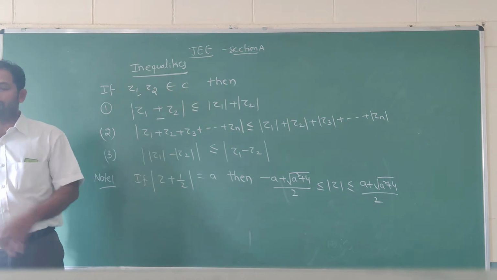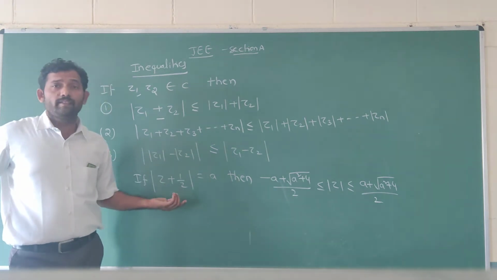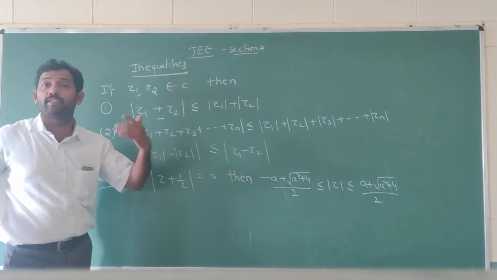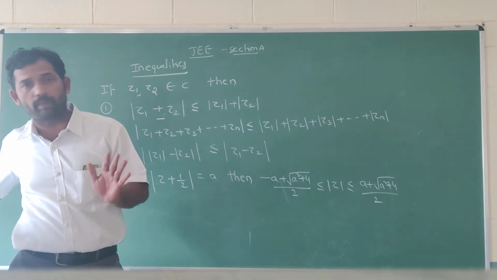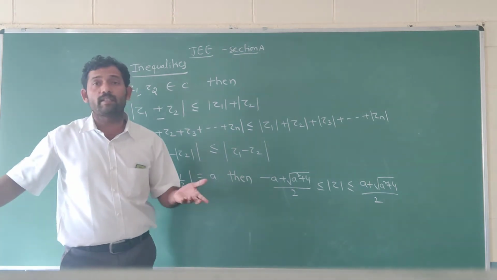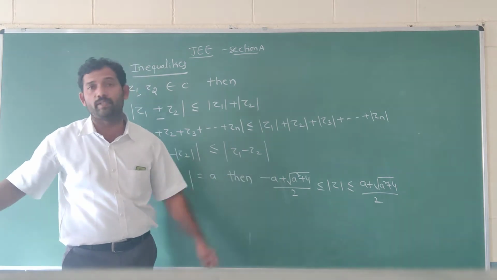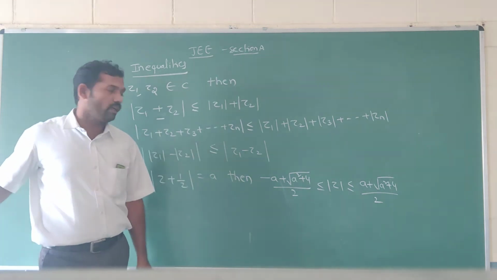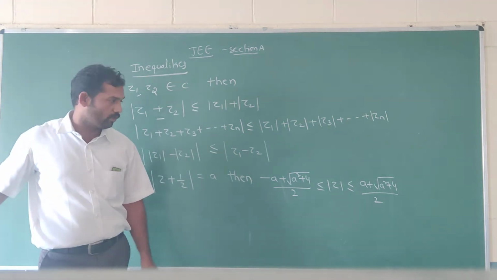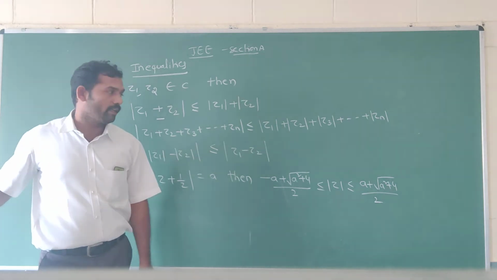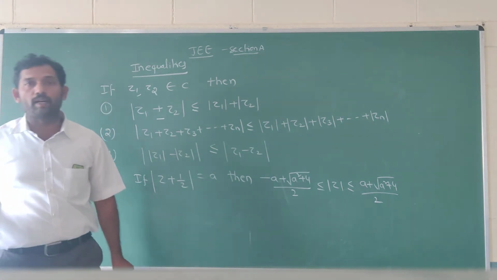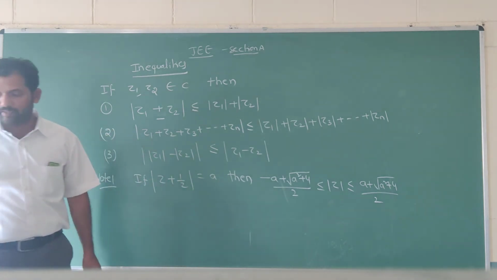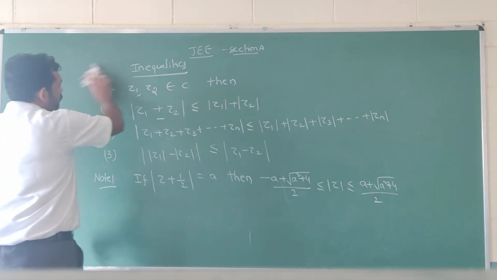This is one important point also. So Z plus 1 by Z is equal to a, where a is any real number you have to consider. So modulus of Z lies between minus a plus root over a square plus 4 divided by 2 and a plus root over a square plus 4 divided by 2.